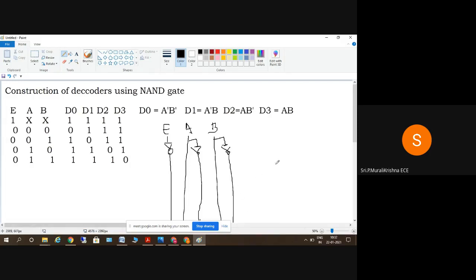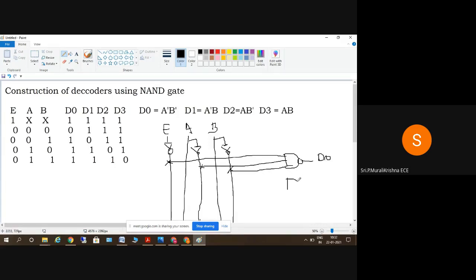If I need D naught here, I use an AND gate. So this is D naught. Enable should be equal to 0 for all of them. The first case is A bar and B bar.